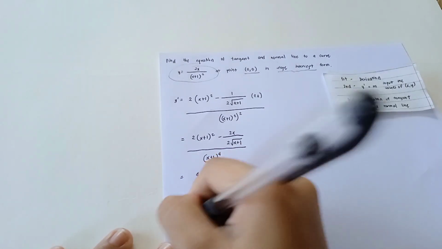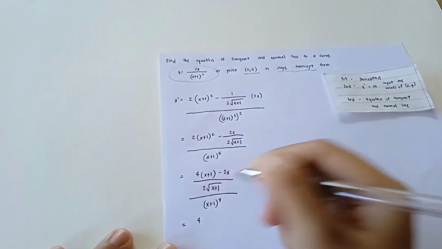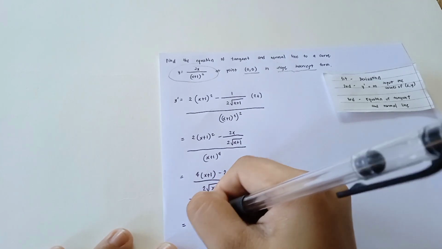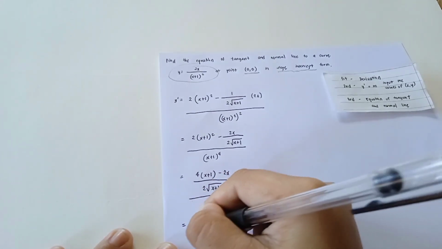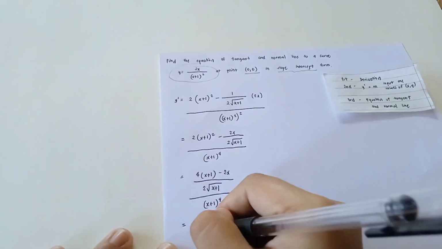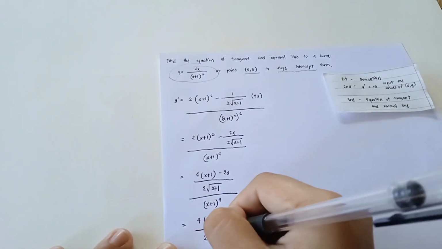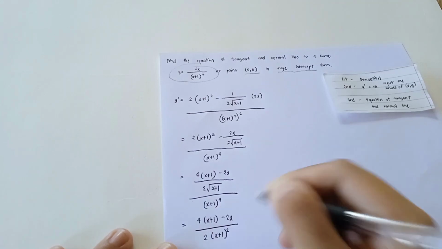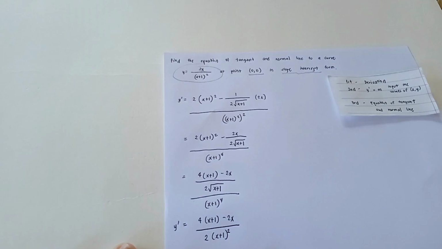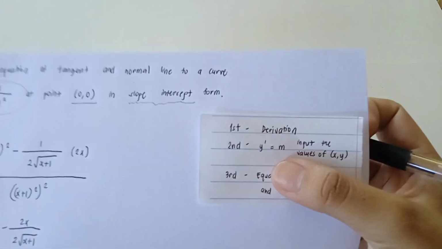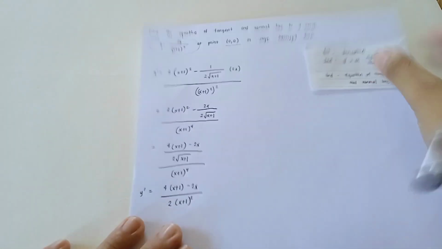And now let's divide the numerator and denominator. And that would be it. That would be the derivative of the given function. And second, the slope. We will just input the values of x and y given.